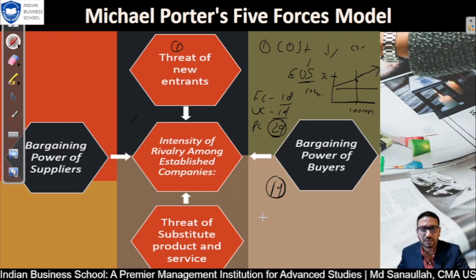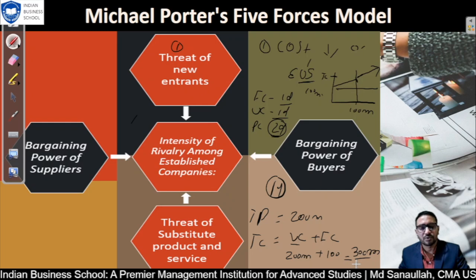Let us calculate. The total production you made is 200 million, and your variable cost is 100 million here and 100 million more, so 200 million is your variable cost, plus fixed cost is 100. So total cost is 300 million, right?